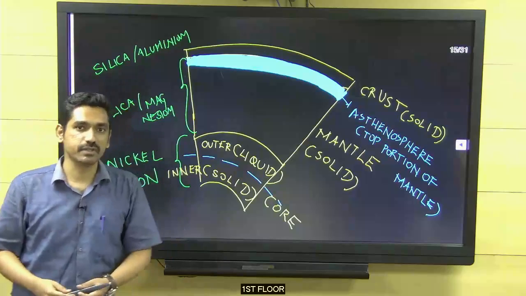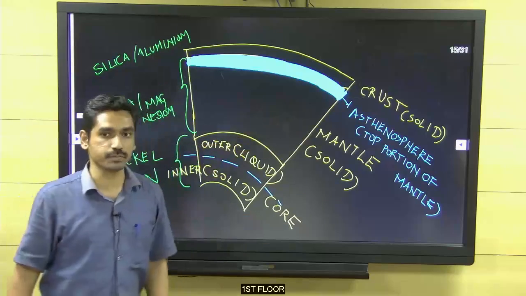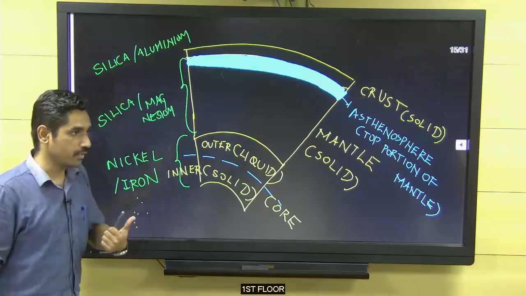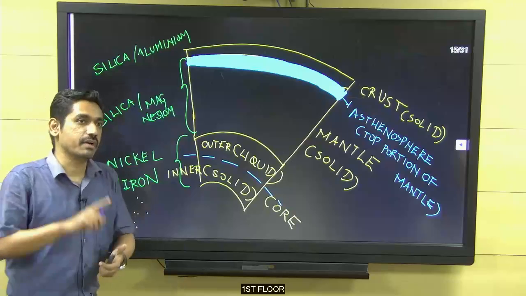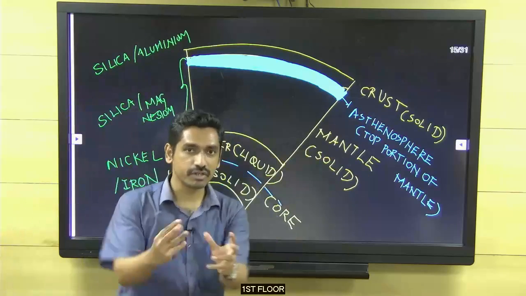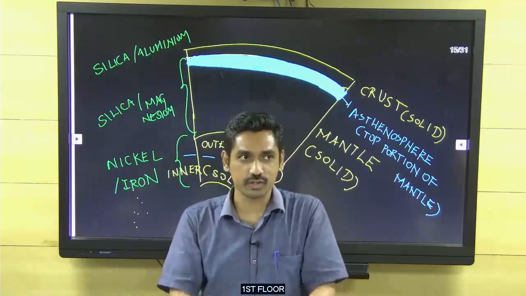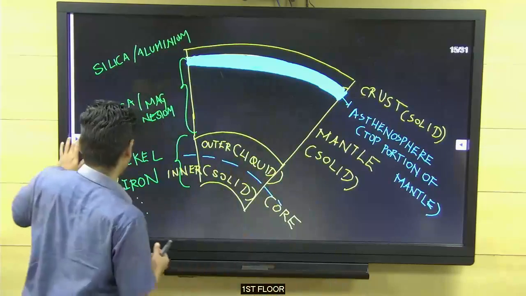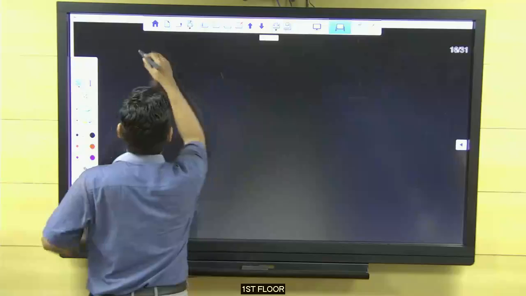Let me start with the first question: what exactly is this asthenosphere? I do not know whether the mistake is in NCERT, but anywhere you come across a statement saying that asthenosphere is molten material, no, it's not molten. I'll give you the exact wording.